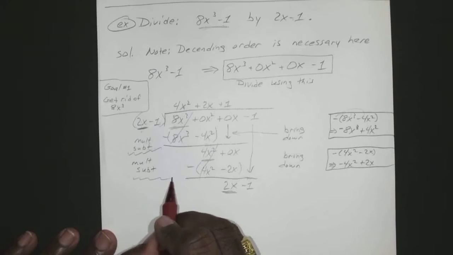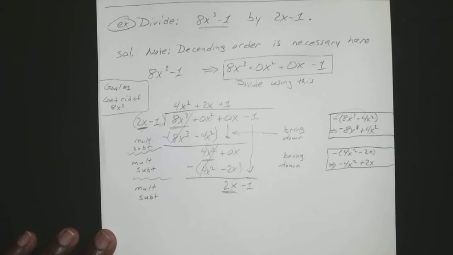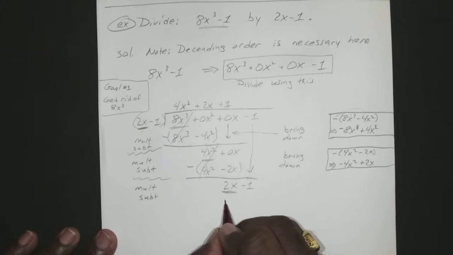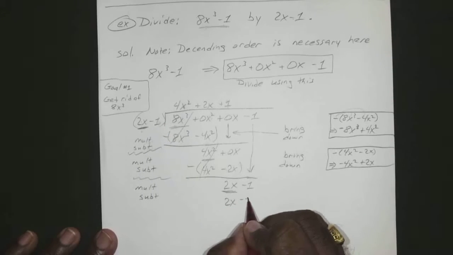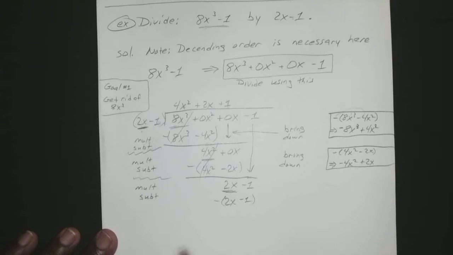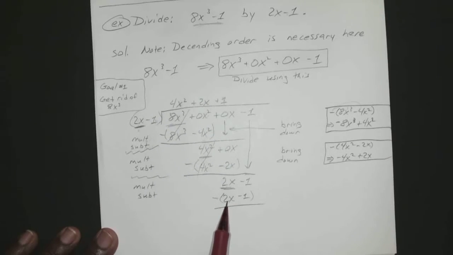Okay, so once again, we're going to multiply and subtract with no bring down this time. Okay, so we have 1 times 2x, which is 2x, and 1 times negative 1, which is negative 1. We multiply, now we subtract. 2x, remember that's minus 2x, is 0, so that disappears.